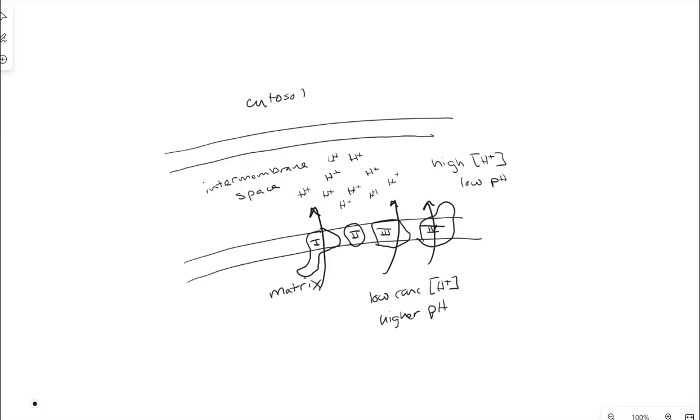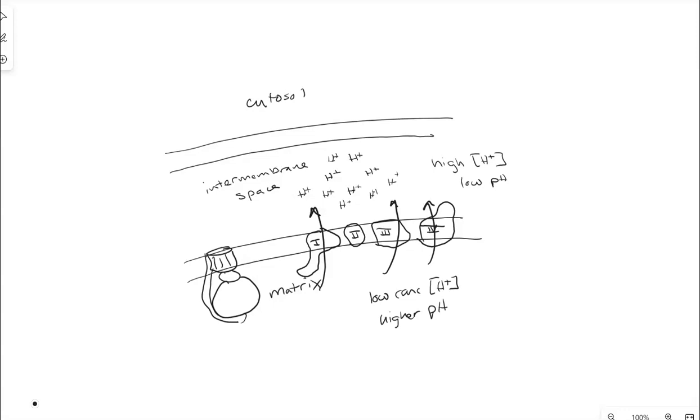And ATP synthase, which we're going to get into in greater detail in a second, has a rotor shaft, a main body, and a stator. And we're going to get into all these components.